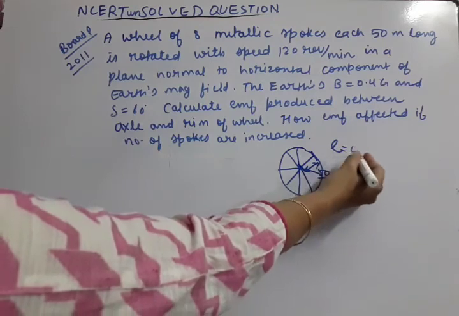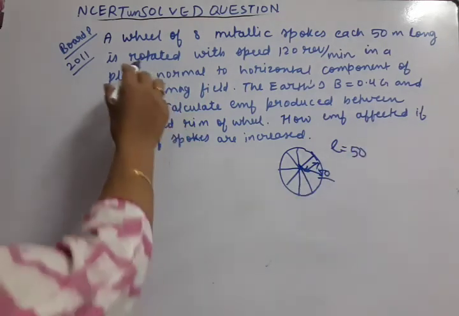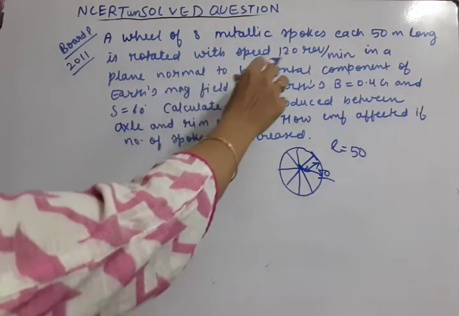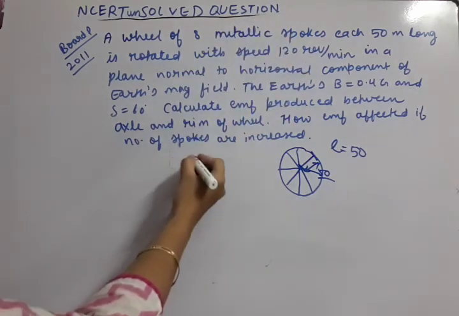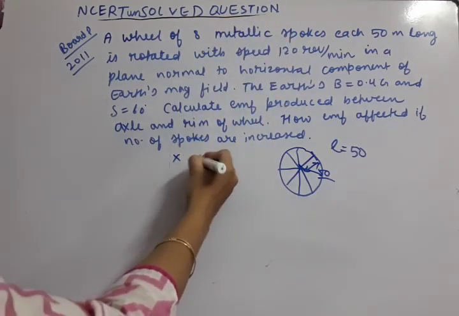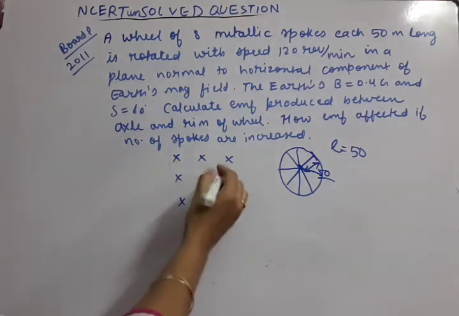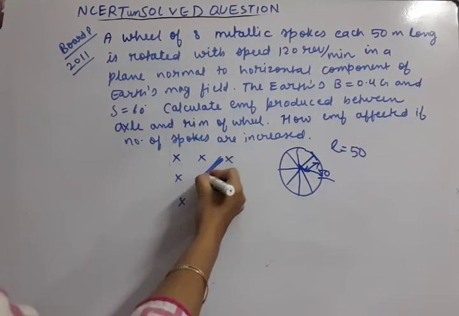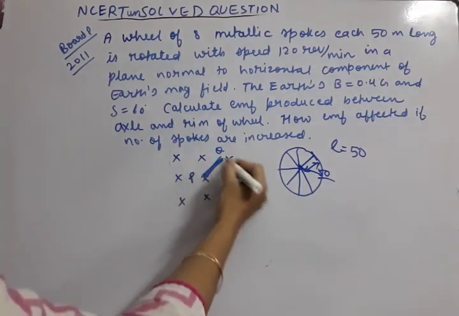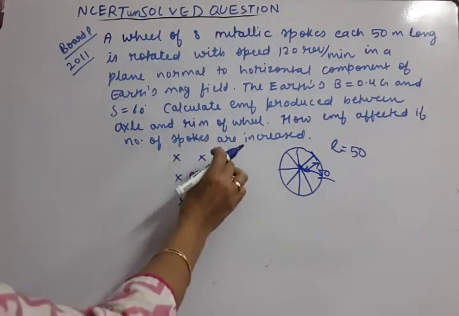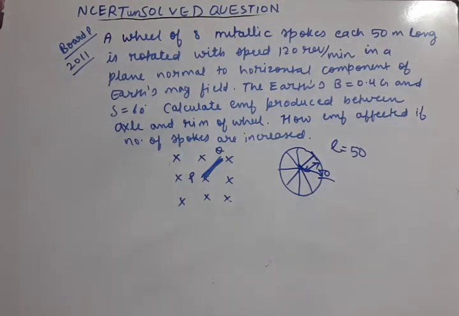Now this is rotated with speed 120. We have drawn that if this type of magnetic field is there, then one rod PQ is rotated, so one induced EMF is generated across the rod.